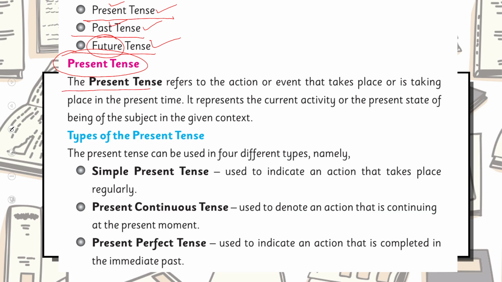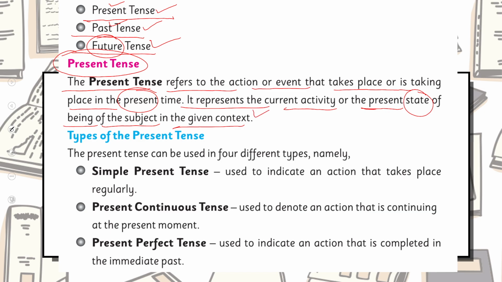The present tense refers to the action or event that takes place or is taking place in the present time, in the current time in which we, or the speaker or the writer, are. It represents the current activity or the present state of being of the subject in the given context.